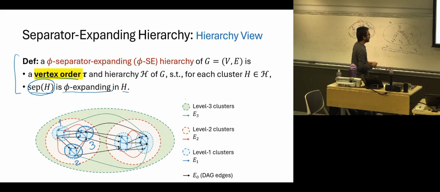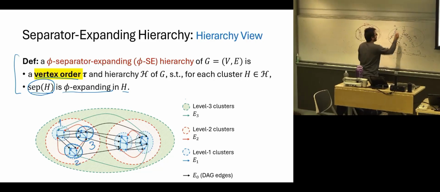Then inside H1, I can find maybe some backward edges, so that again there can be a lot of edges here like this. The red edges here are expanding in H1.